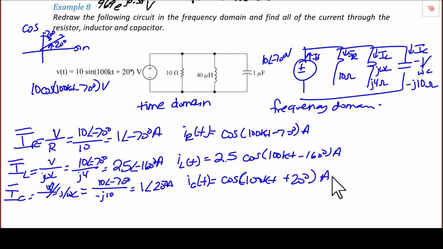Now we're going to use Kirchhoff's current law in order to find the current flowing up through the source. So IS is going to equal IR plus IL plus IC.